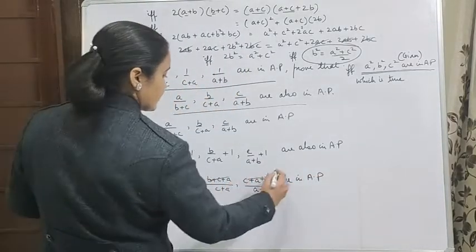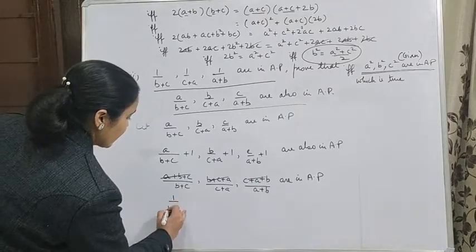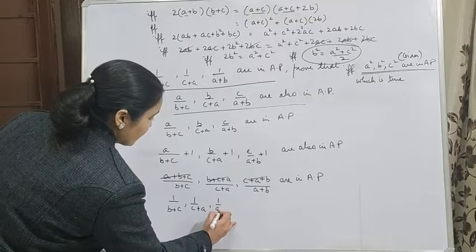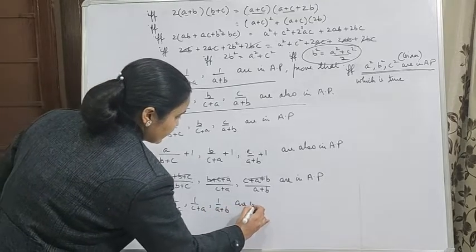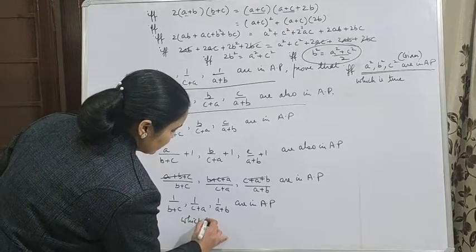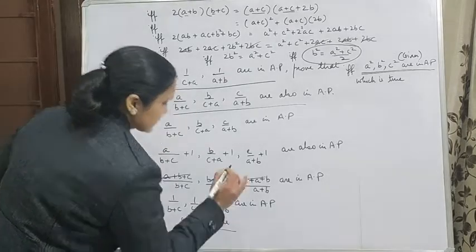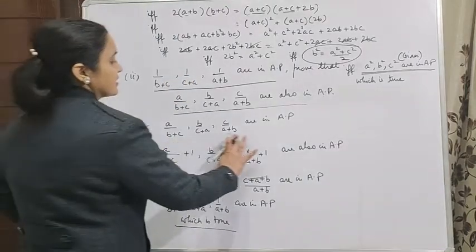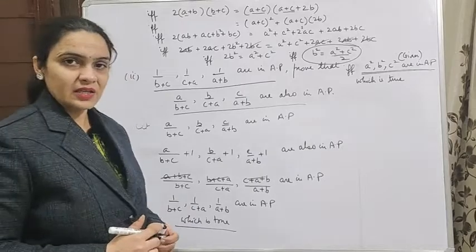This cancels. So this will imply 1 upon b plus c, 1 upon c plus a, 1 upon a plus b are in AP, which is true as given to us. So this will imply that these three terms are in AP.